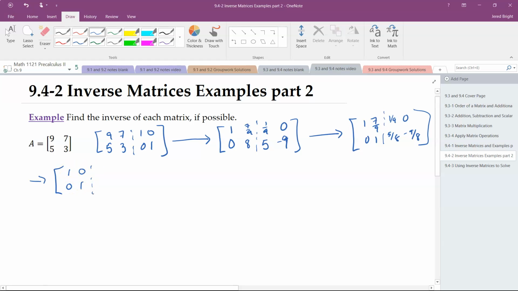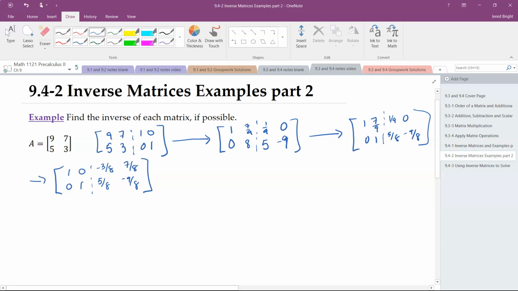I need to take this times -7/9. And when I do that, the second row would actually stay the same. So this is 5/8, and this is -9/8. In row 1 then, we would get -3/8 and 7/8.